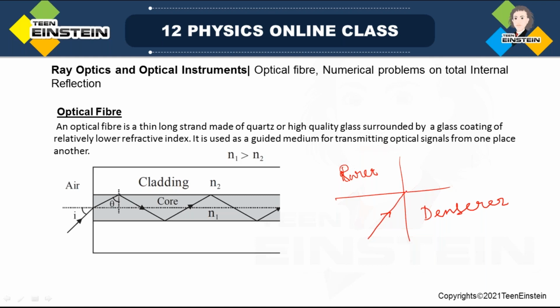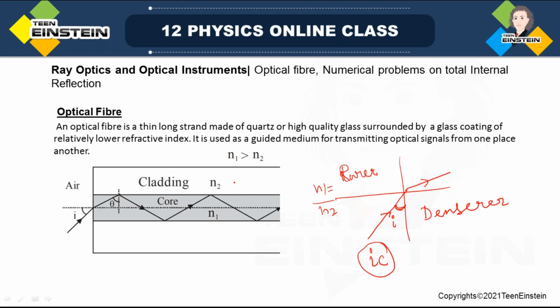Light rays generally go away from the normal, but when the angle of incidence is greater than a certain critical angle, which will be different for different combinations of materials, suppose N1 and N2, the critical angle depends on the refractive indices of the material you have.